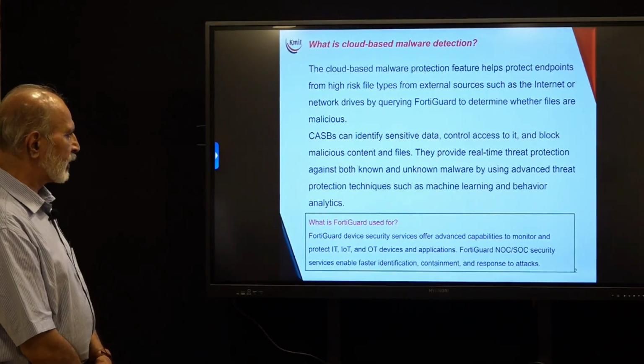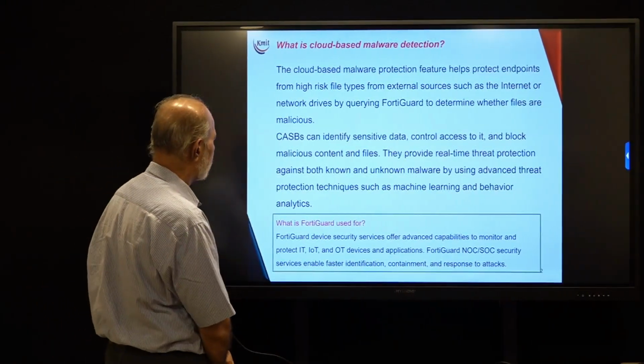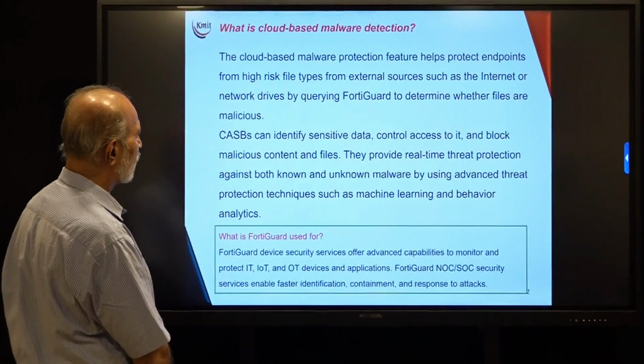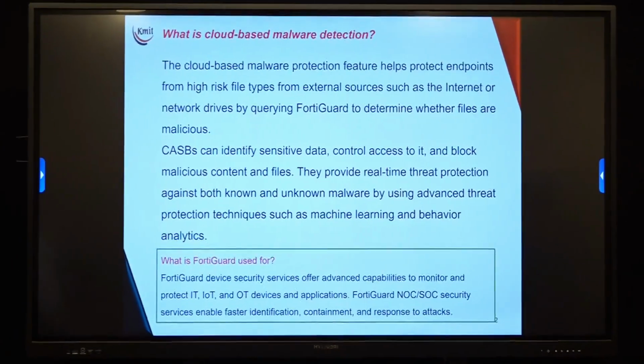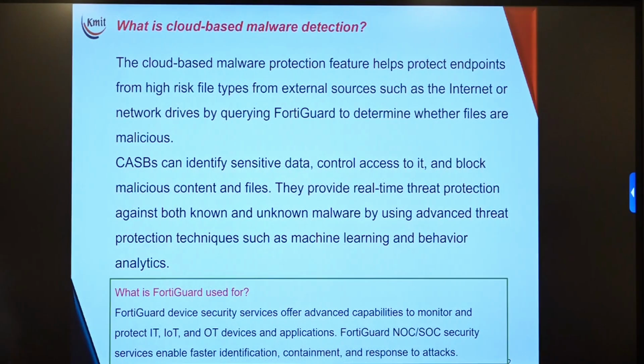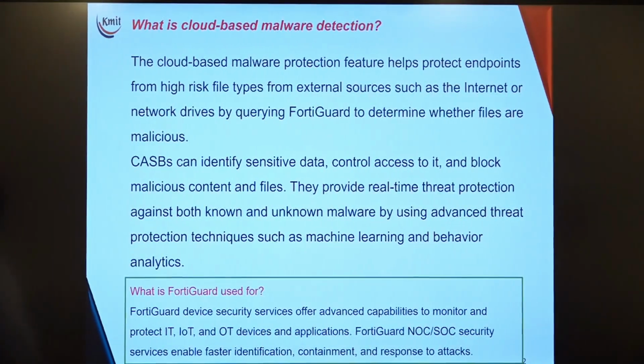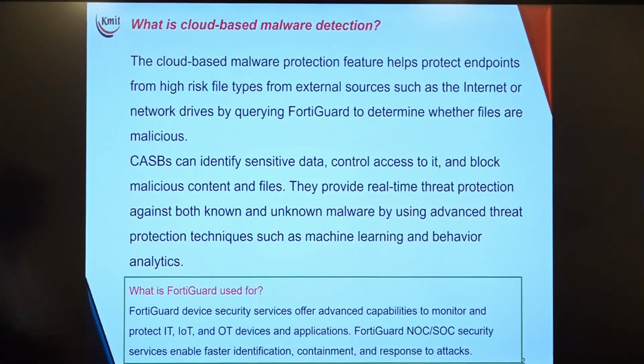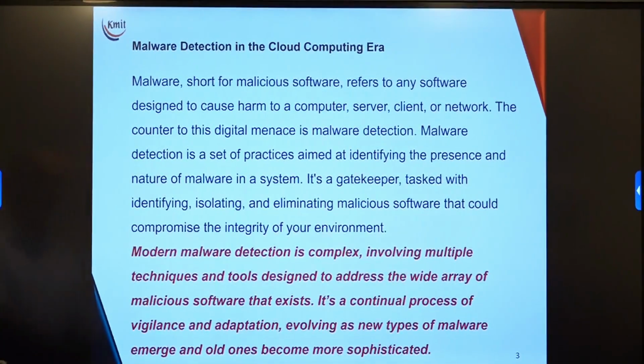So, they provide real time threat protection against known and unknown malware by using advanced threat protection techniques such as machine learning algorithms and behavioral analysis. Last time I explained the behavioral analytics and machine learning algorithms in our security system.